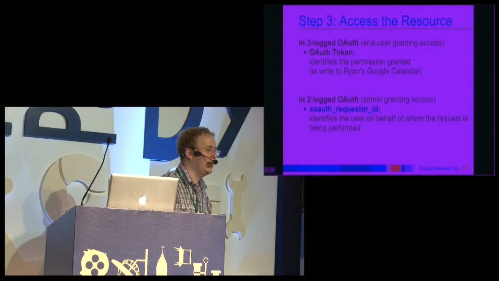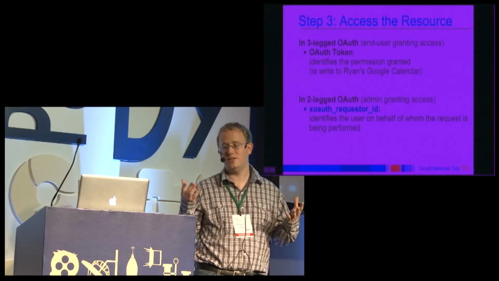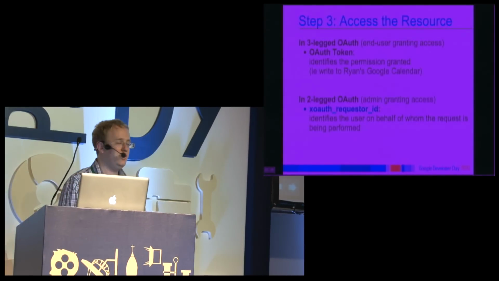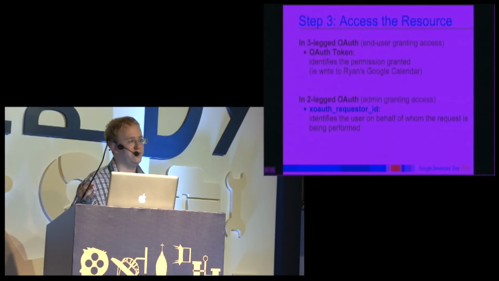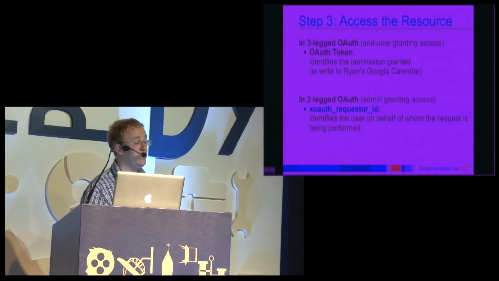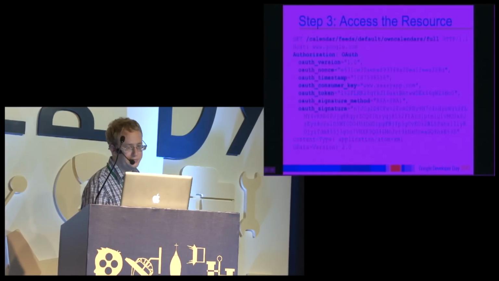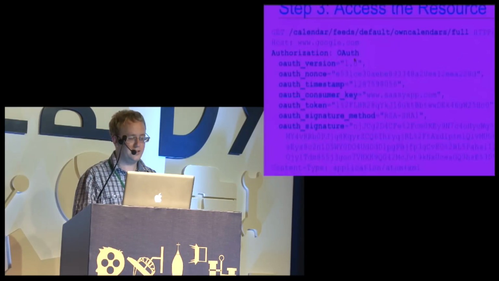So it is acting on behalf of a particular user within the organization. In this case, let's say, Ryan at smartlawfirm.com. So it basically adds an additional query parameter saying who it's acting on behalf of. And as long as the domain administrator has granted that access in advance, the client will be able to access that data. So here's what this looks like in an actual HTTP request.